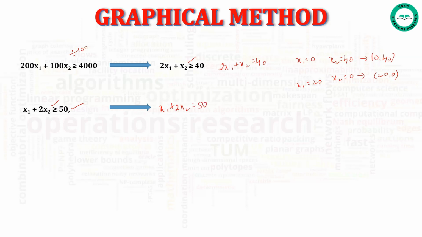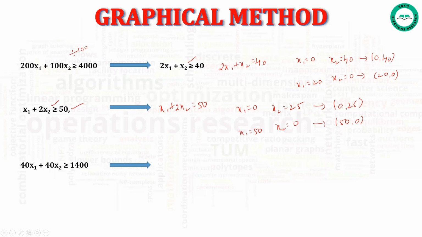Next, similarly, take x1 equals 0. So if x1 equals 0, x2 equals 25. Next, x2 equals 0, then x1 equals 50. So the coordinates are (0, 25) and (50, 0).